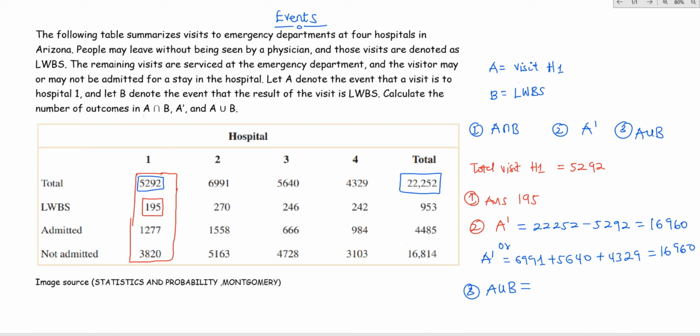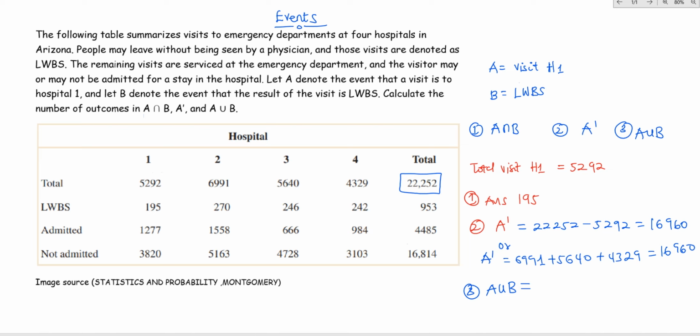So you are looking at the combination of those two separate events. Union is addition. So let's look at how to find the total number of people that went to hospital one, and then the number of people that were not attended to also.